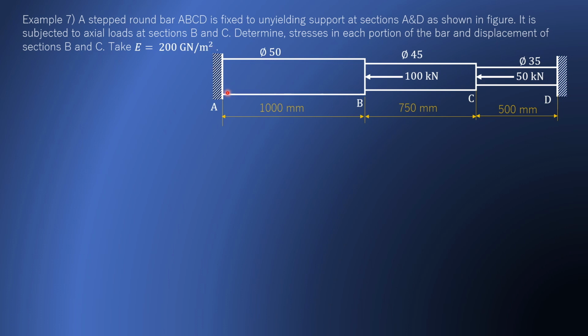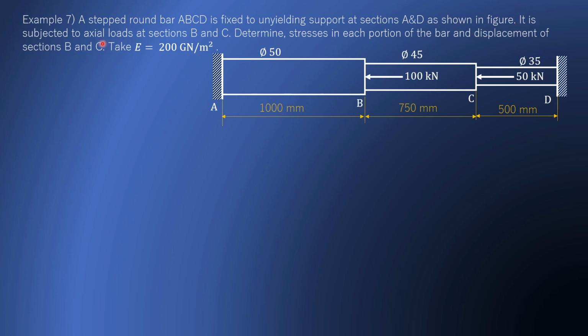So when unyielding, this word is used with reference to supports, then you should consider perfectly rigid supports. Okay. So these are perfectly rigid supports, fixed supports at sections A and D as shown in figure.